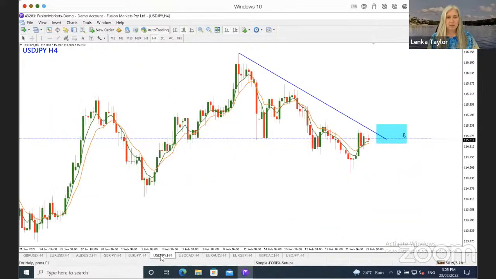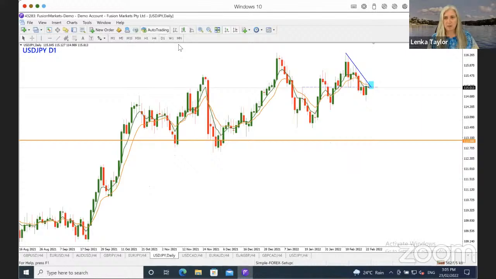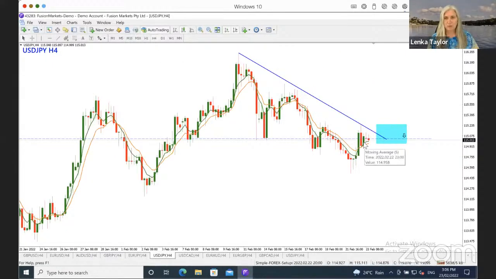Next currency pair I'm looking at is USDJPY. Now this has come around, and this week I'm looking for a short opportunity, even though the price action is just not looking great. We did have that big bullish engulfing on the daily, but it is just at that level where it could reverse.